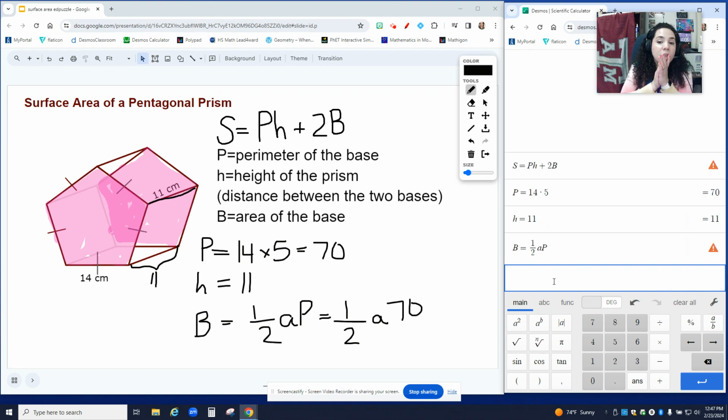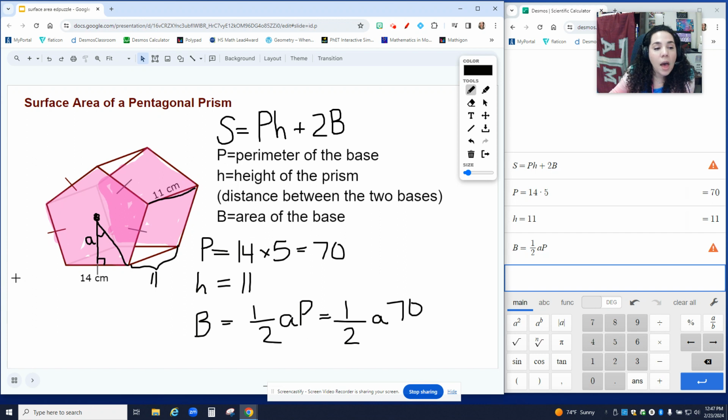So we still need to identify what is A. What is the apothem? The apothem is the distance from the center of our polygon perpendicular to one of the sides, and we're using a right triangle to help us here. This is our apothem. So you first need to figure out the angle at that center.